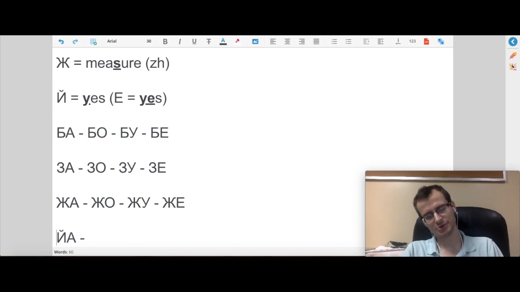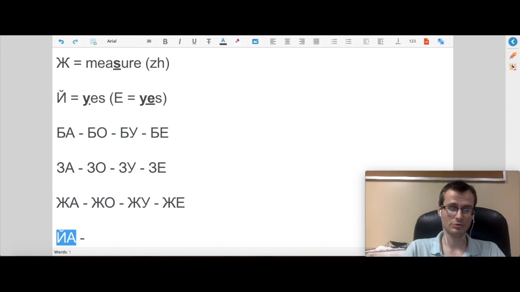Alright, so this is a little tricky. So remember, this is a y. Again, it does not have a vowel sound to it. But we can add a vowel. So if we do, we'll have ya, ya, right? This is a y, a, together, ya. And we can do it with other consonants. Yo, yo.